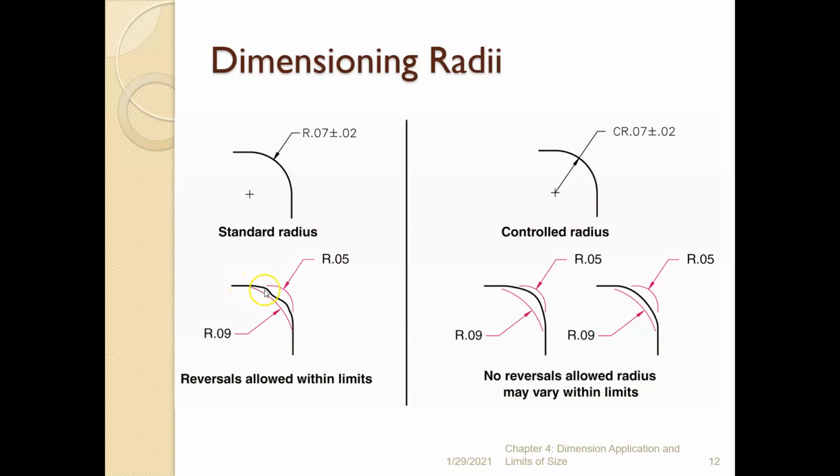We have the curvature that comes like this, and then all of a sudden the curvature reverses and goes the other way. Well, with a regular radius dimension, that is acceptable. With a controlled radius dimension, that is not acceptable. You can only have a non-reversal radius that exists between the two inner and outer limits of size.